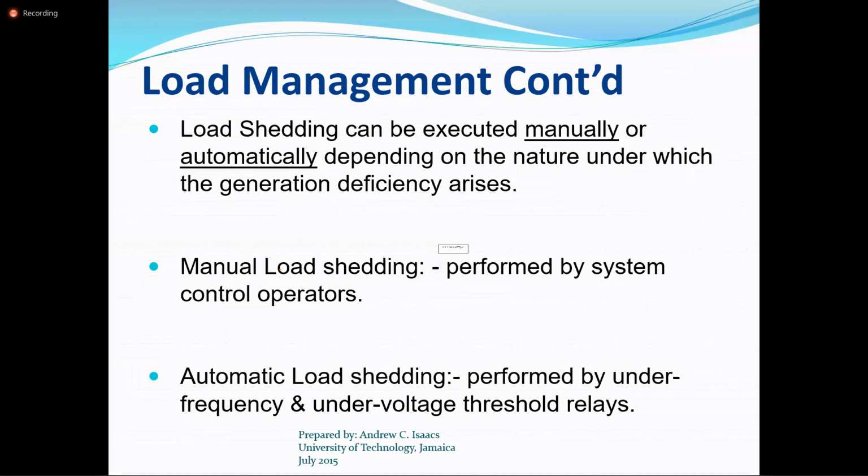So certain customers were put together. You call block A, block H, whatever, and they'll tell you which block would lose power, so you know when you'll be losing power. So that would be the manual. The system control operators would remove certain customers from the system.